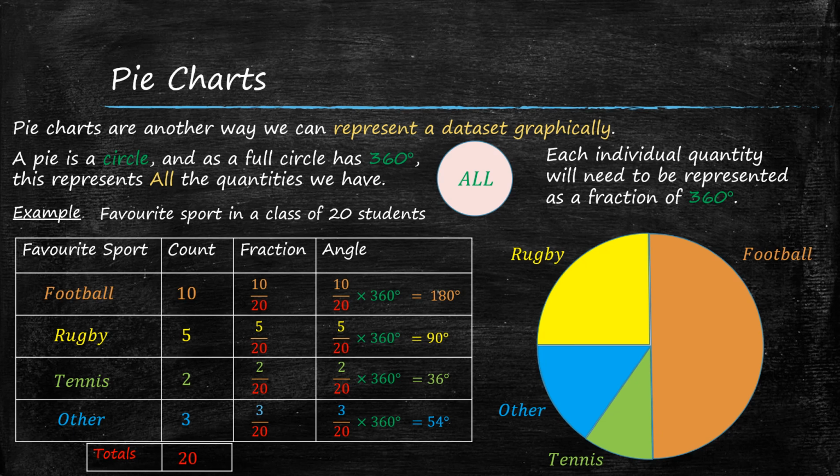So if we're given a pie chart, we can easily read off information from the pie chart, which gives us information about the data set. Now for things like other and tennis, because they're not a half and a quarter, you'd normally see a percentage right on top of the pie. It'd probably say tennis 10%, other 15%. So you'd be able to visually see that percentage. You wouldn't have to get out a protractor and try and work out the actual percentage of the pie.